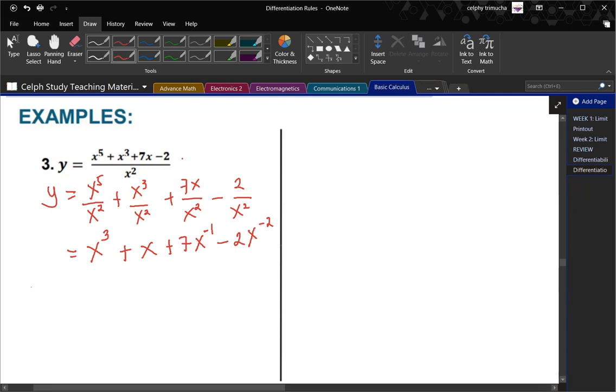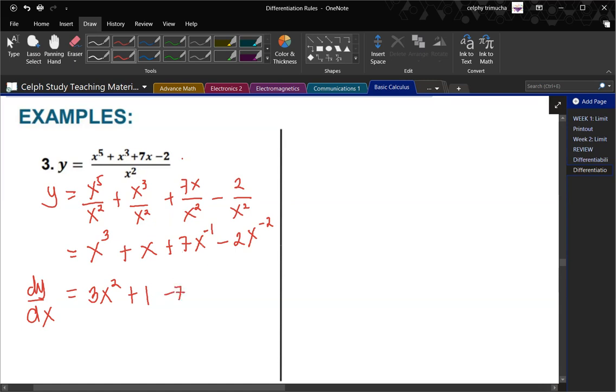So we will have derivative natin will be dy all over dx is equal to derivative sang x cubed will be 3x squared. Derivative sang x will be 1. Derivative sang aton 7x raised to negative 1 will be negative 1 times 7, that will be negative 7.